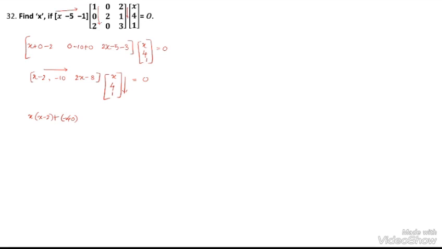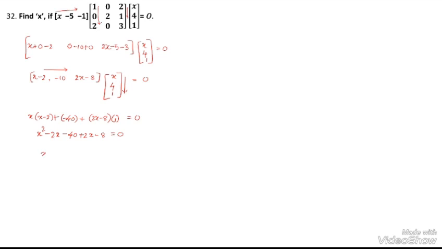Again 2x plus 2x minus 8 minus here plus 1 is equal to 0. While solving this equation, you will get the result. X into x, x square. X into minus 2, minus 2x. Plus into minus 40. Here plus 2x into 1, 2x. Minus 8 into 1, minus 8 is equal to 0.